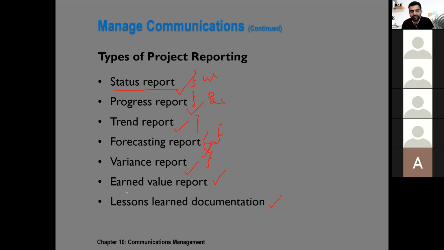These are part of earned value reports. On the other hand, lessons learned documentation or retrospectives are basically our self-assessments for the sake of improvement.